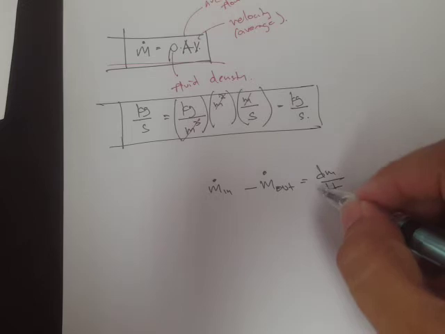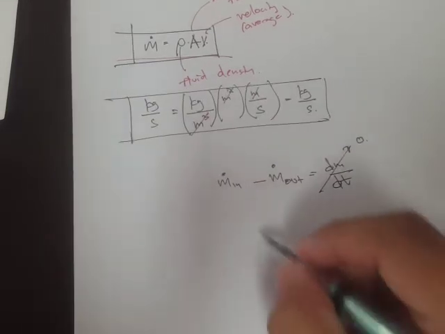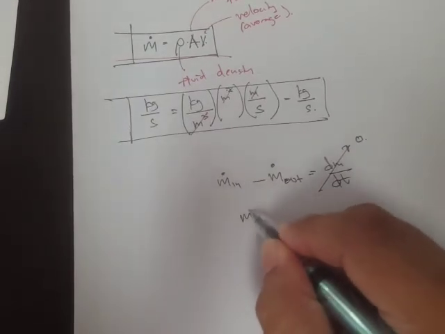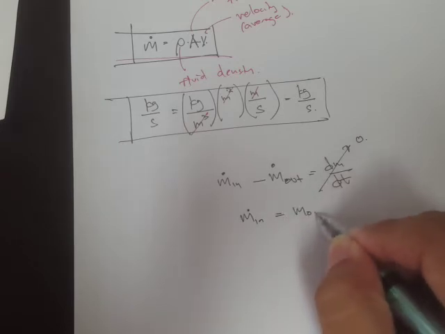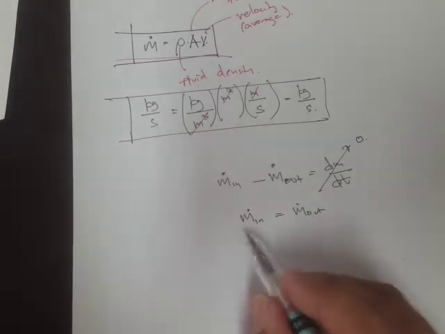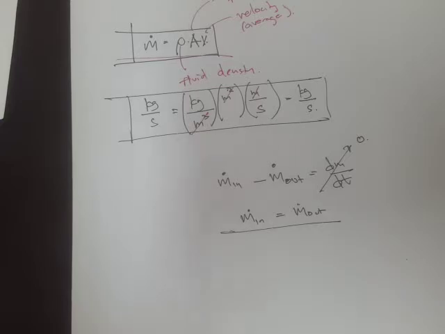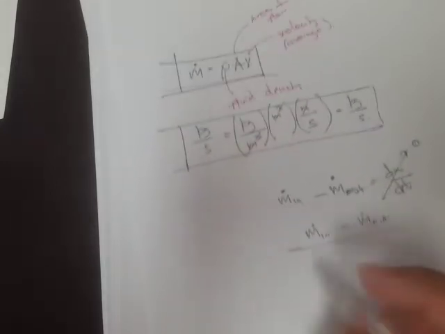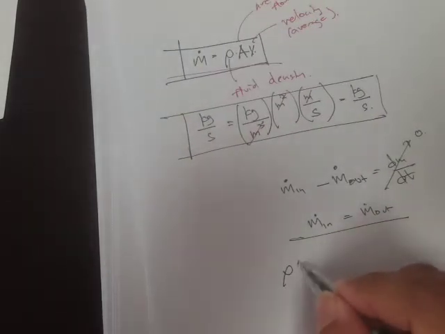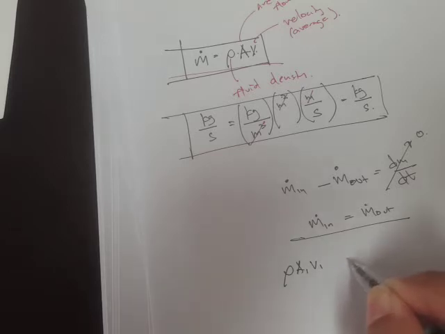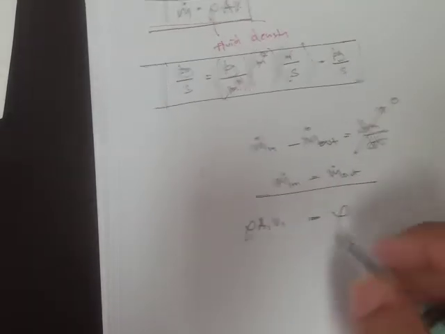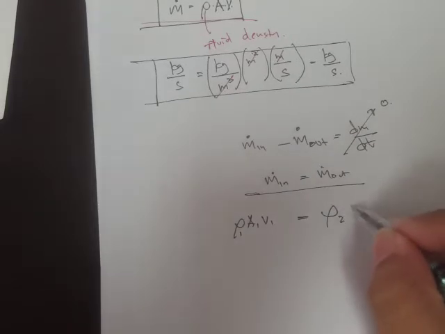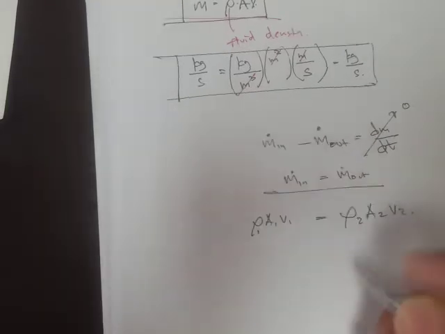Now if we have a steady flow, then this is 0, and therefore m in is equal to m out. If we substitute our expression for the mass flow rate, that's going to be rho A1 V1 equal to rho, let's write rho at point 1, then this is our rho at point 2, A2 V2.